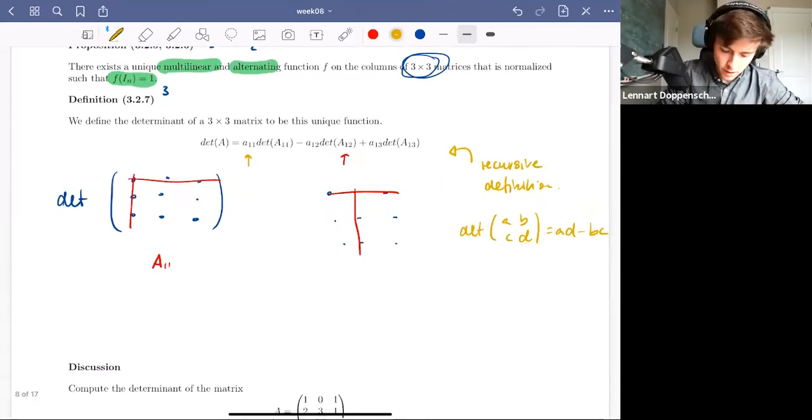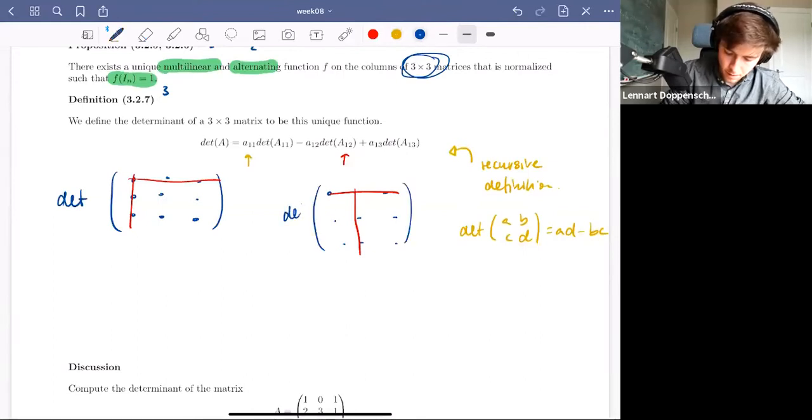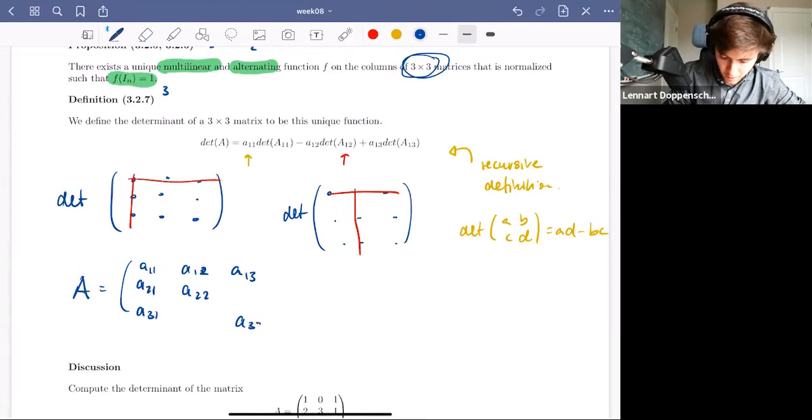So the A11 is the entry, actually. The notation is that A11 is the first entry of A, and then we have A12 right next to it. Below it is A21, A31, A22, A33, A23, and A32.